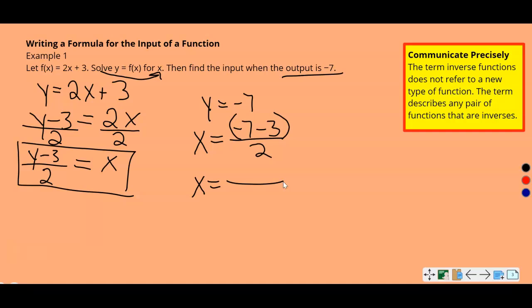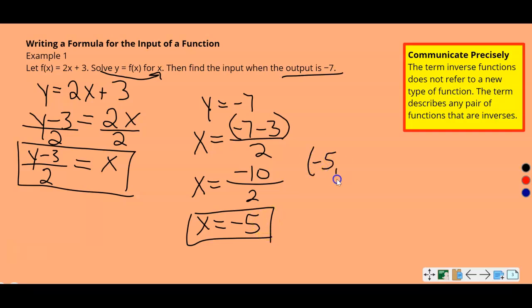So -7 minus 3 is -10, divided by 2. -10 divided by 2 is -5. So when y is -7, x is -5. So your ordered pair would be -5, -7, because you always write those as x and y. So this would be a point on this function.